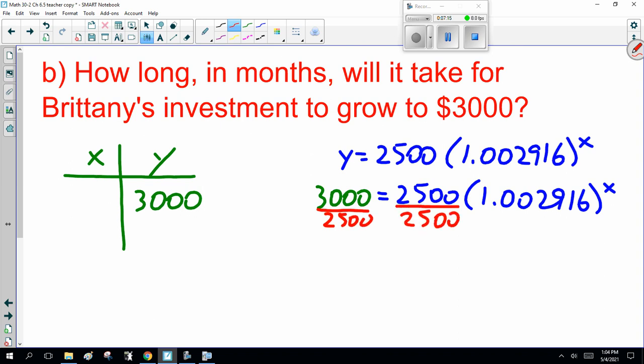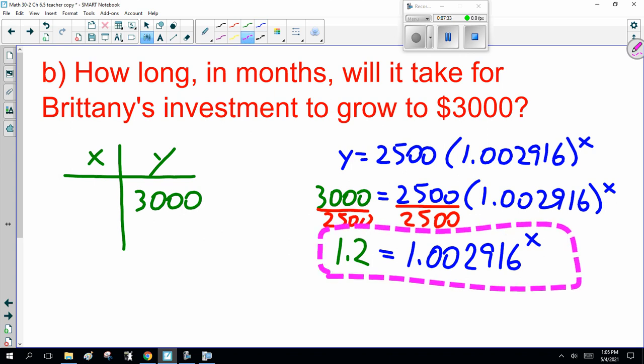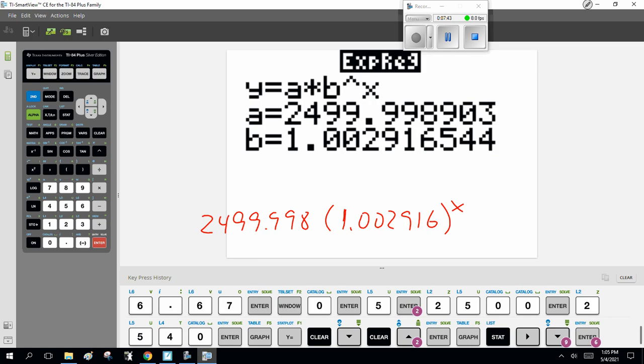Now, why do that? Well, it doesn't really matter because Mr. Calculator can handle these numbers, but this equation here, simplified, is a lot easier to graph, much smaller windows. Okay, now, does it really, really matter? No. Do I kind of suggest you do it this way? Yes, I do.